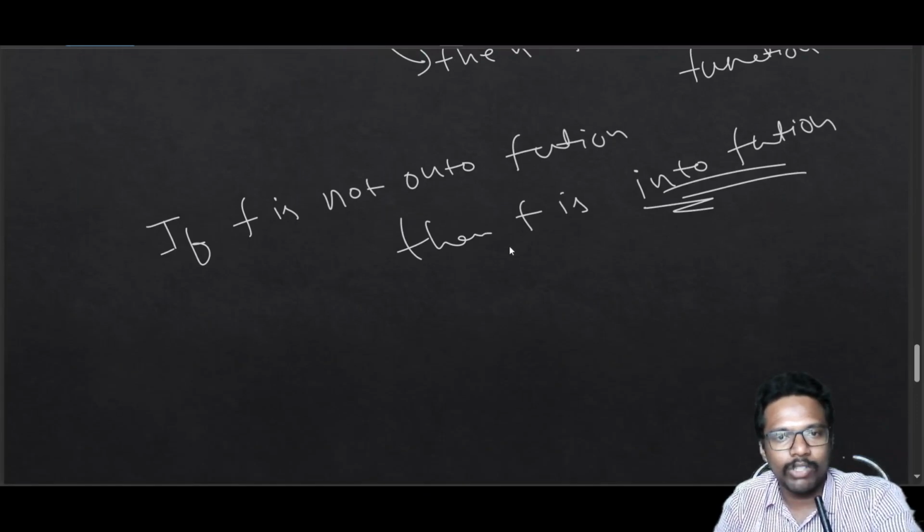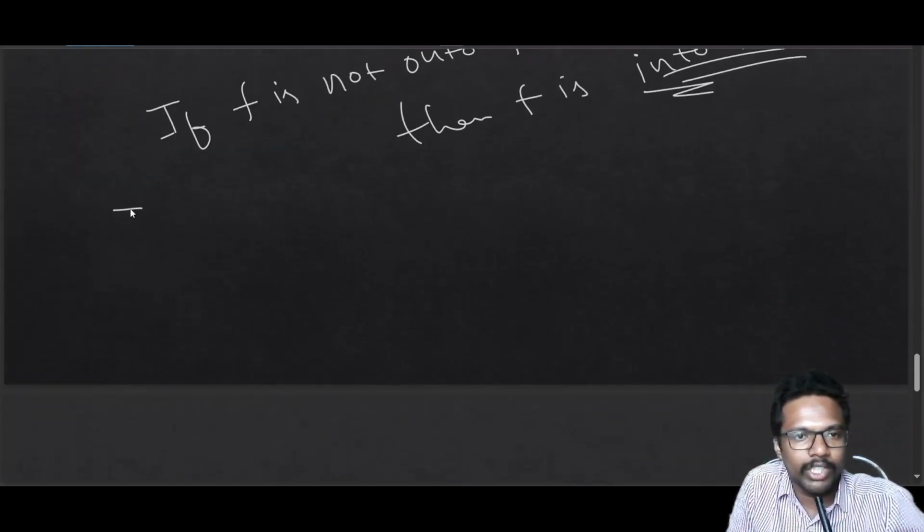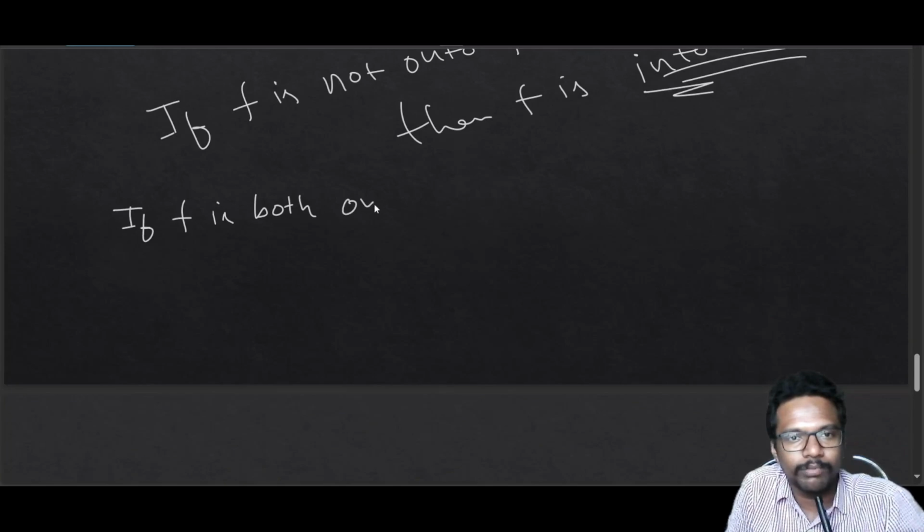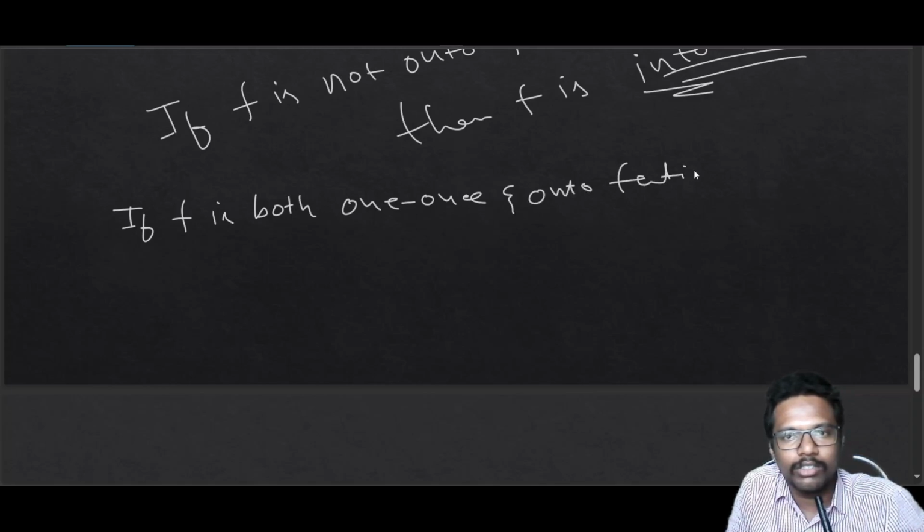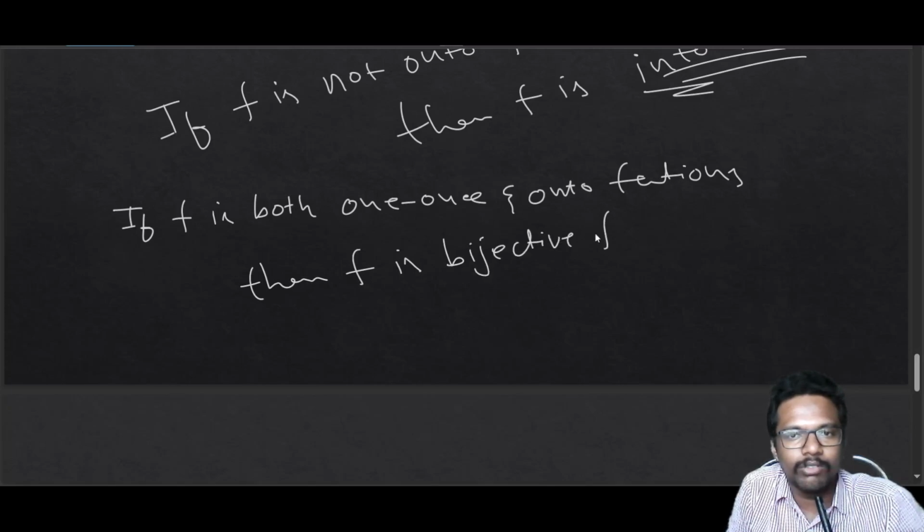And one more definition you have to remember: sometimes a function will be both 1-1 and onto function, then f is a bijective function.